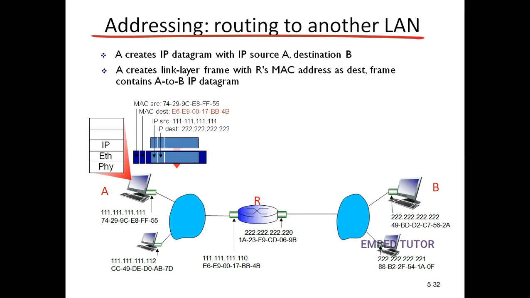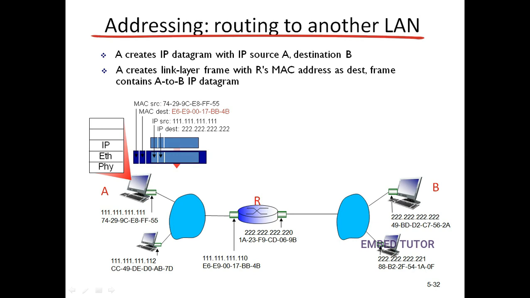Look here, in general, we may think that the destination MAC address will be the MAC address of node B, but it is not the case, because MAC addresses are visible only within the local area network. Therefore, to reach the node B, any packet from the node A has to reach the Ethernet interface E1, which has a MAC address of E6E90017BB4B.